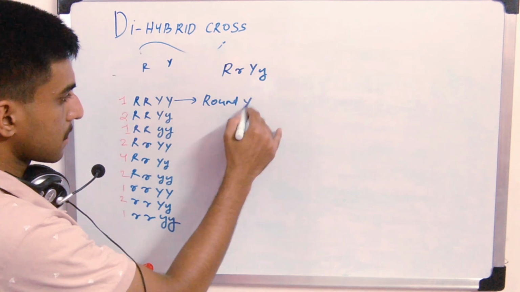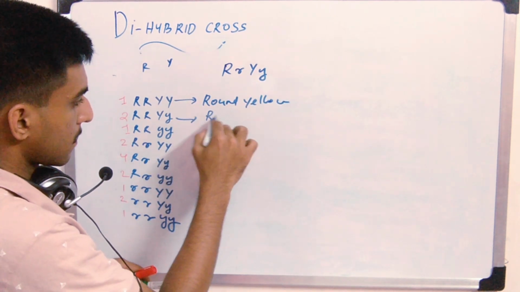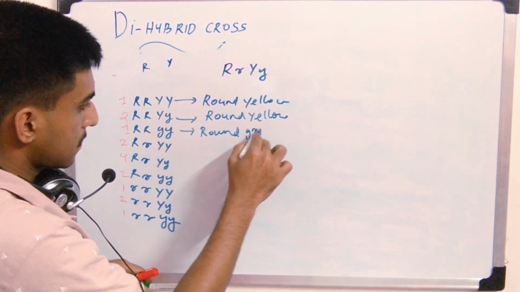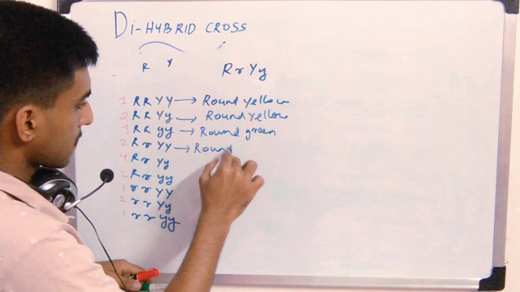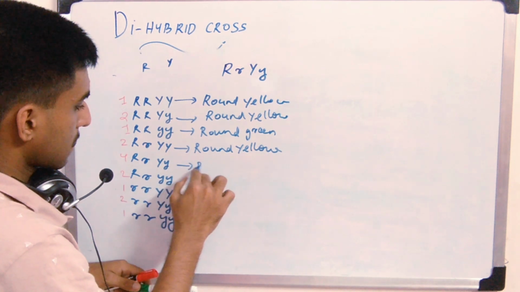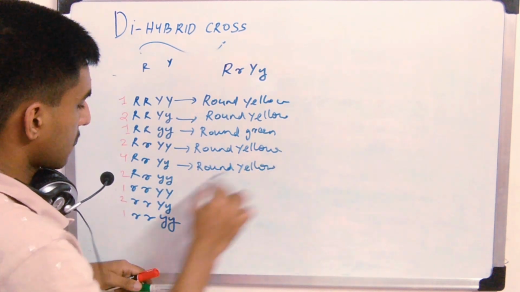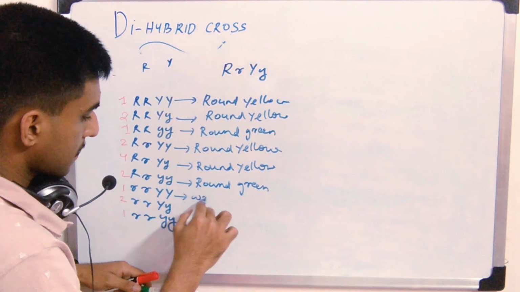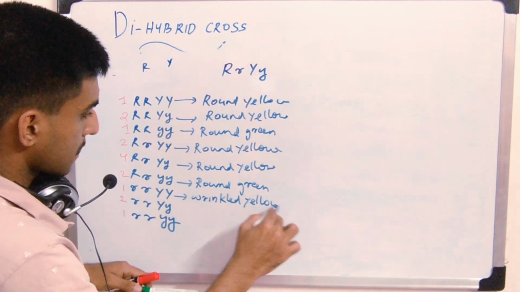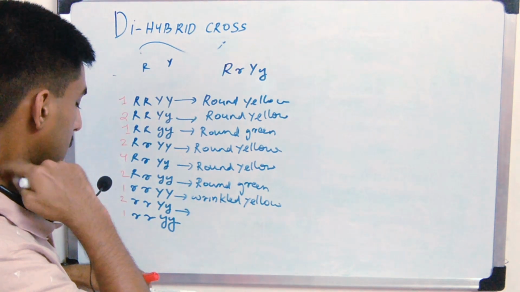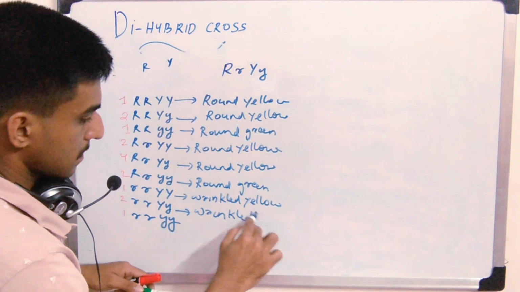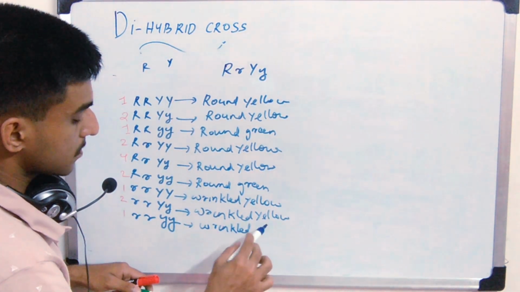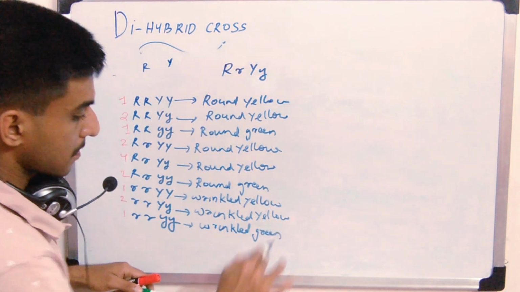Round yellow, round yellow, round green, round yellow, round yellow, round green, wrinkled yellow, wrinkled yellow, and wrinkled green, which is the genotype of the mother plant.